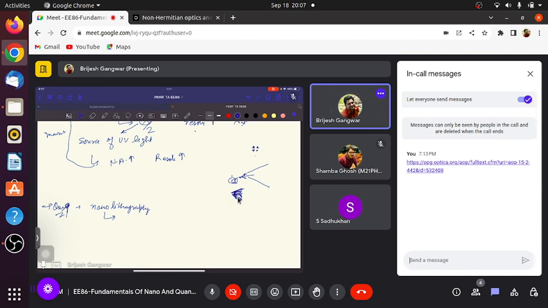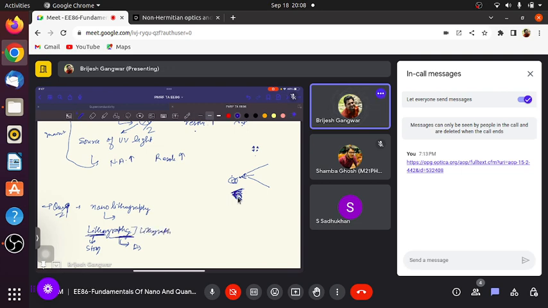So they call it lithography. See, lithography means, litho means what, graphy means what? Litho means some type of stone, and graphy means whatever design you are doing. So if you are doing design on your stone, that process is called lithography.